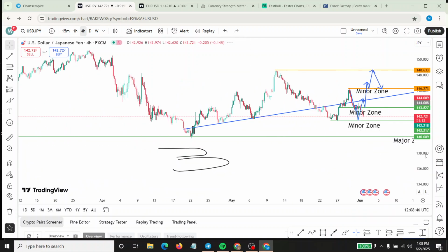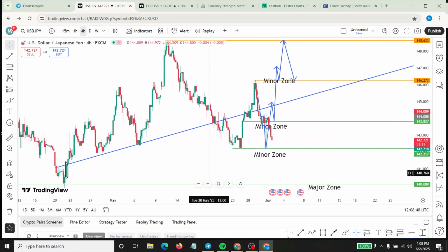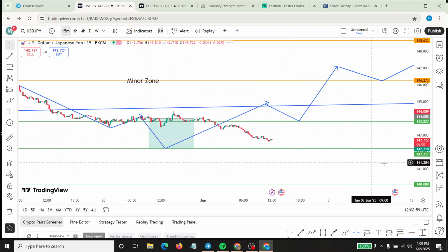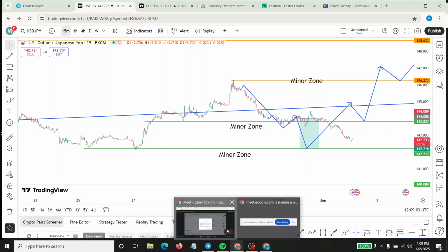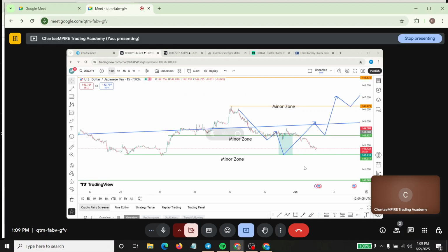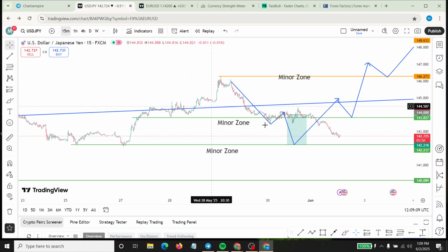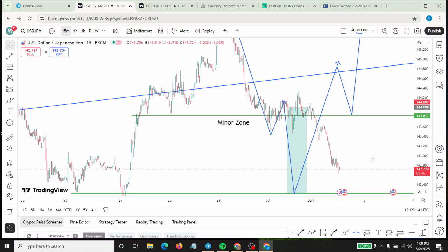We saw with the 4 hour chart here being our major zone, the market is currently reacting from the minor zones here, zones inside zone. Now let's go down to 15 minutes where we can see our minor zones.